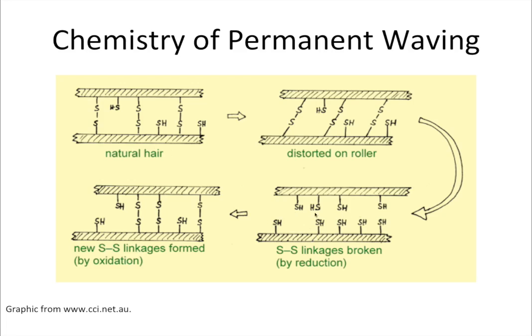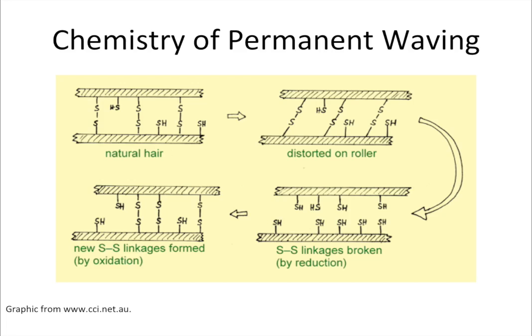But then they're broken and you have the hair in this new arrangement. And then you actually reform disulfide bonds by oxidation. You use hydrogen peroxide to oxidize it, and you can see that you form disulfide bonds. And usually when you reform them, they're not in the same place because the fiber is going to be stressed. So you're going to have different sulfurs joining together again, and then you're going to maintain the new structure that you formed the hair into.